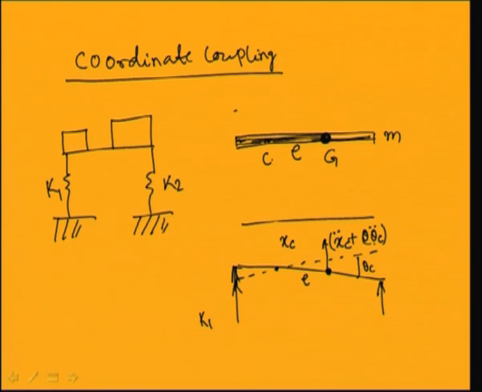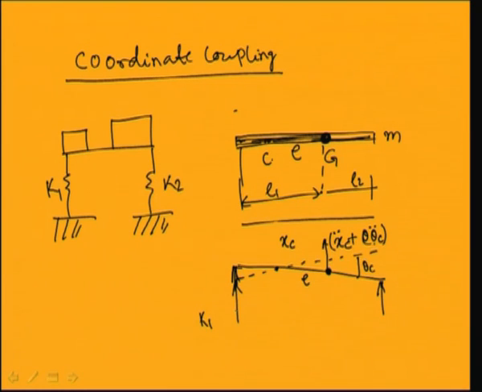So this distance equal to, so this is x c minus, so let me take the distance between this and this, this is L1 and this is L2. So this will be equal to x c minus, so this total distance is x c, so this distance equal to L1 theta c.